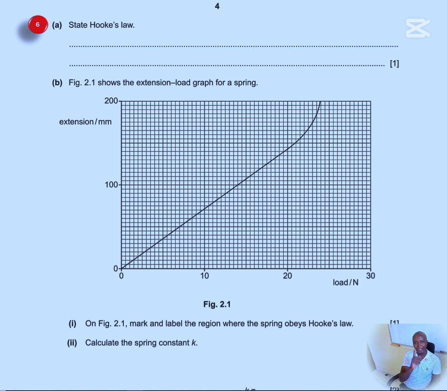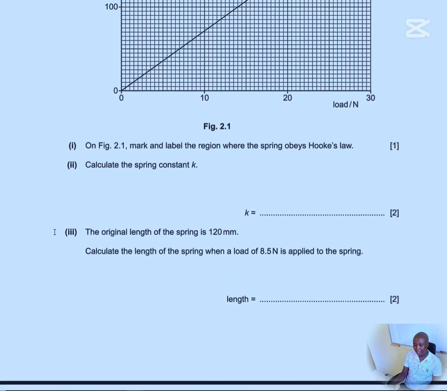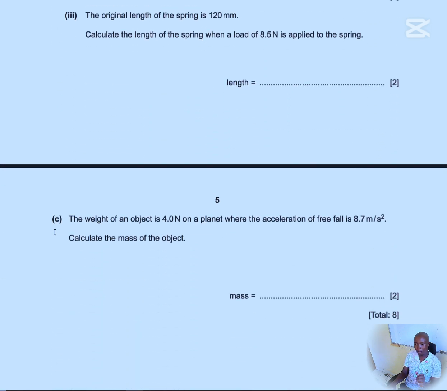Sometimes on the y-axis you may be given extension, or you may be given load, or you may be given the length of the spring or the material that is being stretched. So whenever the question is asked, you need to understand how to approach it.